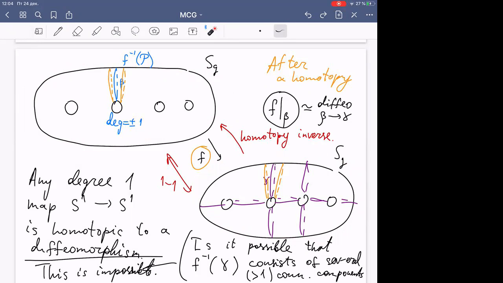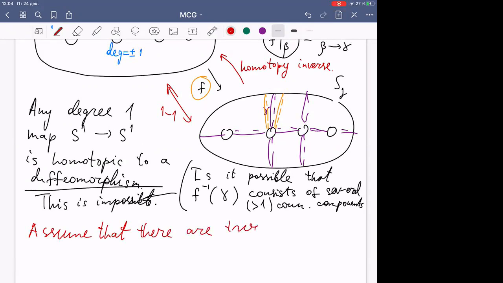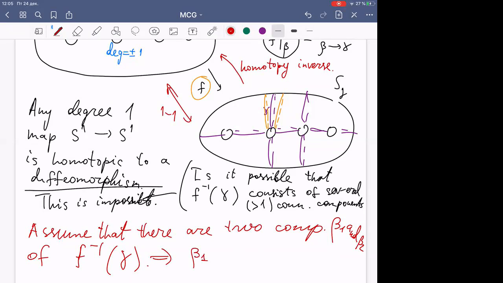And first of all, we see that if we assume there are two components, beta 1 and beta 2, of the preimage of the same component gamma, then these two curves are homotopic to each other.